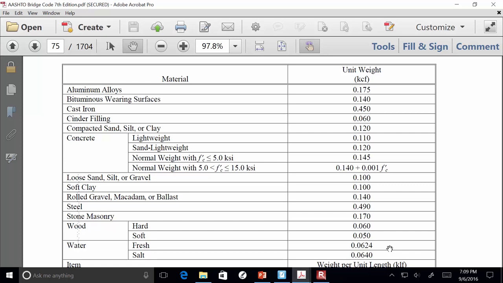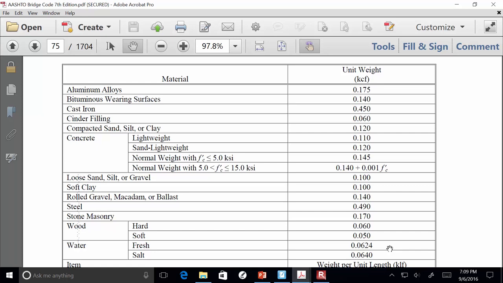What you probably ought to write to the side is that when we're dealing with reinforced concrete, what do we typically use for a unit weight? Anybody remember? 150. All right.